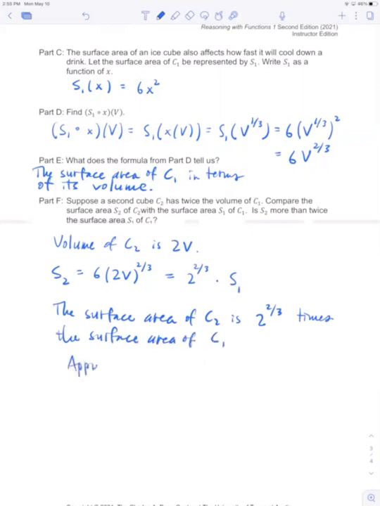And that's approximately 1.59 times the surface area of C1. And that concludes this video.